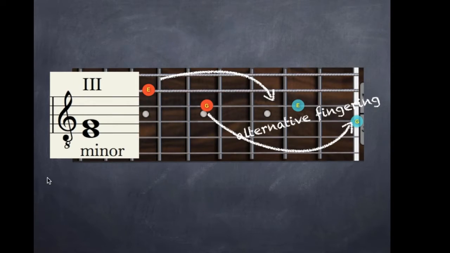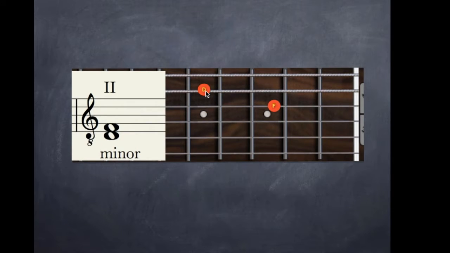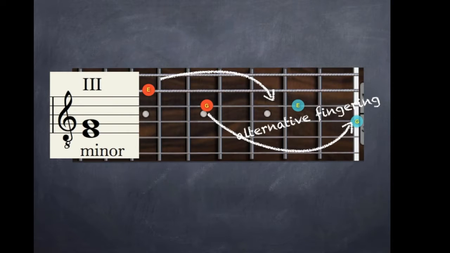Then if we go to the next interval, which is based on E, what I've done there is I've just taken the D and moved it up a tone, and this will follow behind. So the D will go to E and the F will go to G, which is the red dots here.